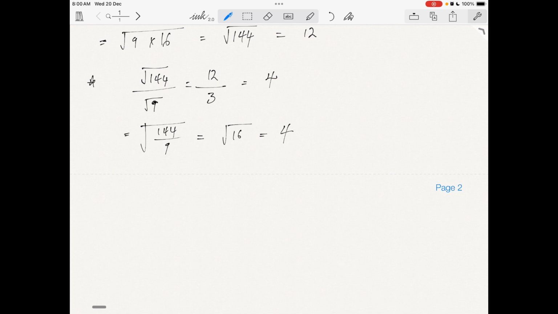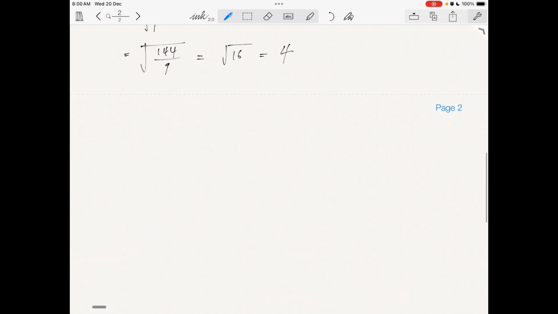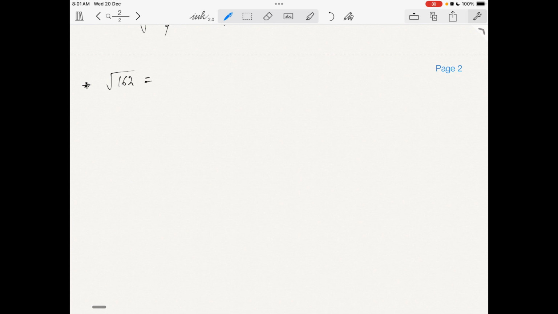Understanding these basic laws, we can have a very large number and be asked to simplify further, to reduce it to a simpler form, which can also be called the basic form. Given a number like root 162, the best way is to reduce 162 to its factors, such that 162 is 81 multiplied by 2.